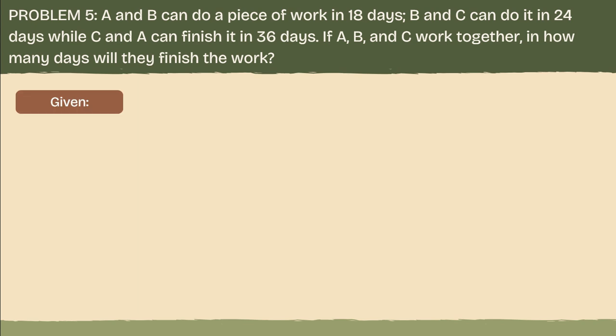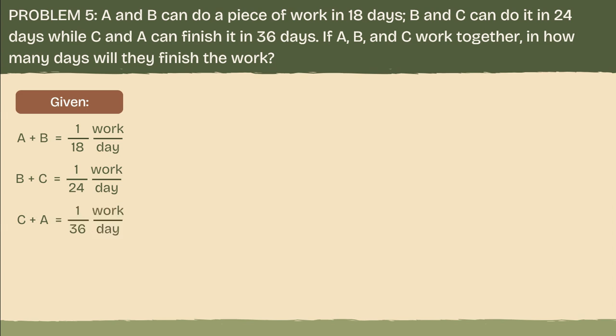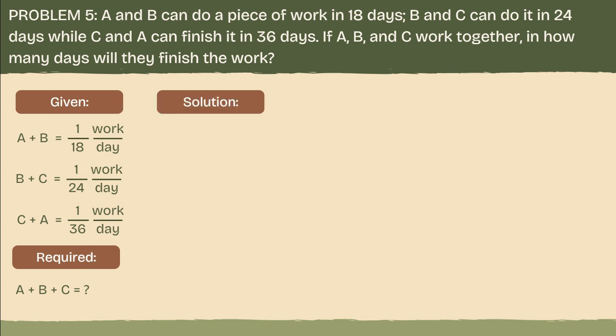In this problem, we are given how long pairs of people can finish the work. A and B can do a piece of work in 18 days, B and C can do it in 24 days, C and A can do it in 36 days. Our goal is to find out how long it will take if all three, A, B, and C, work together. What we can do here is to add these three rates.